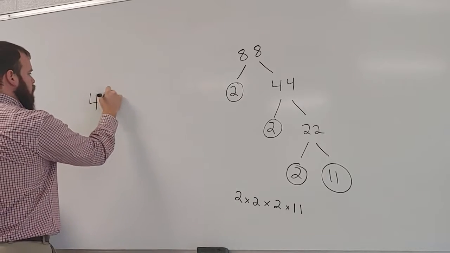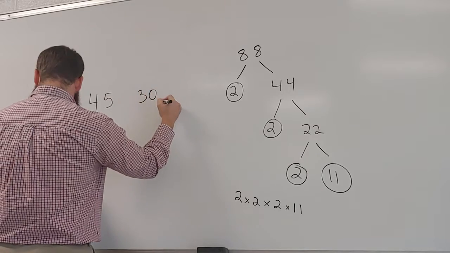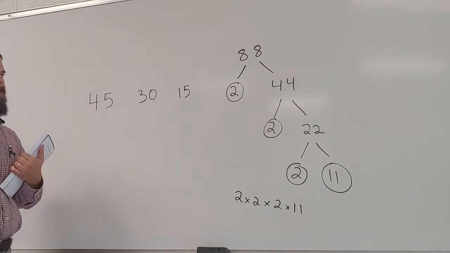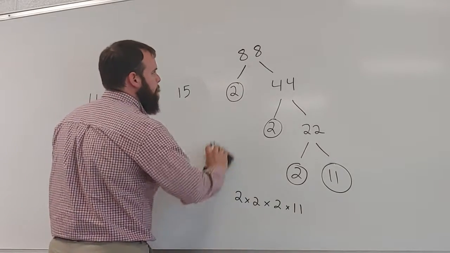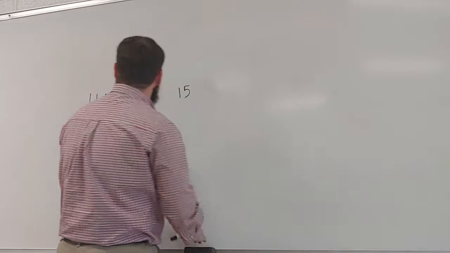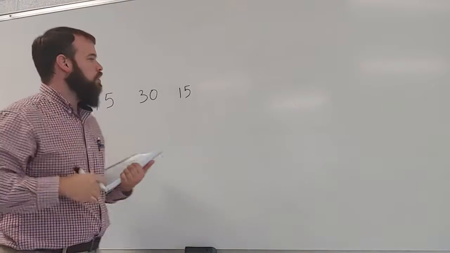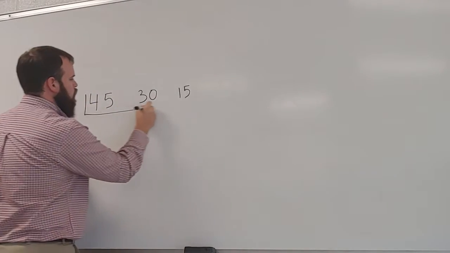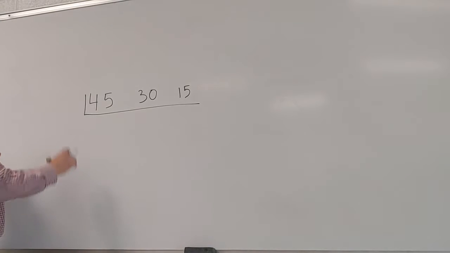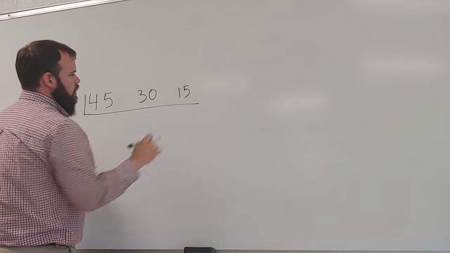We're going to write our numbers right here. 45, 30, and 15. Remember when we found the greatest common factor, we did this upside down division. So I need to think of a number that can go into 45, 30, and 15.